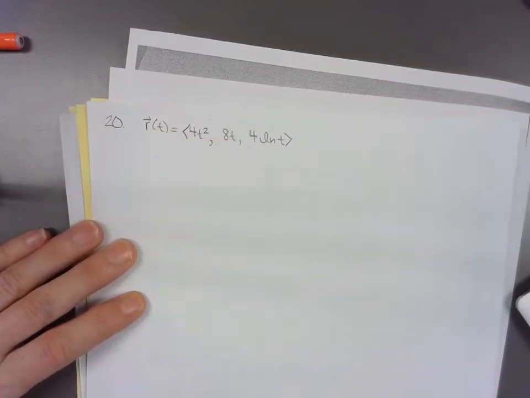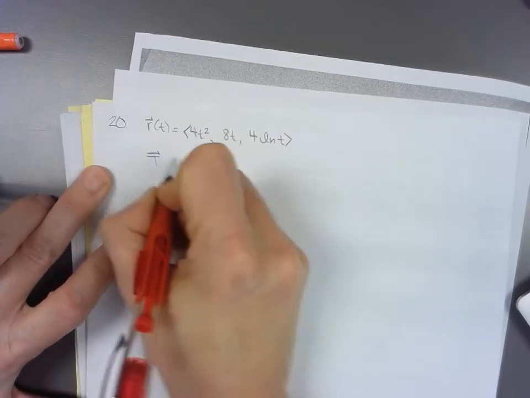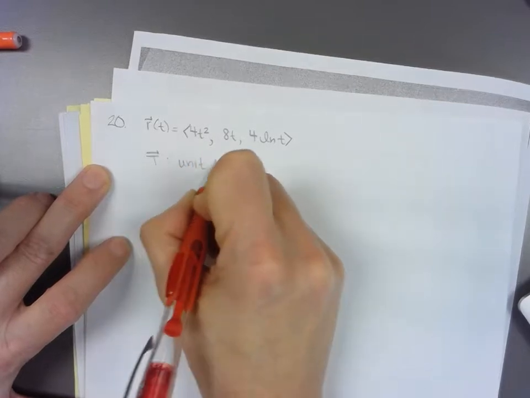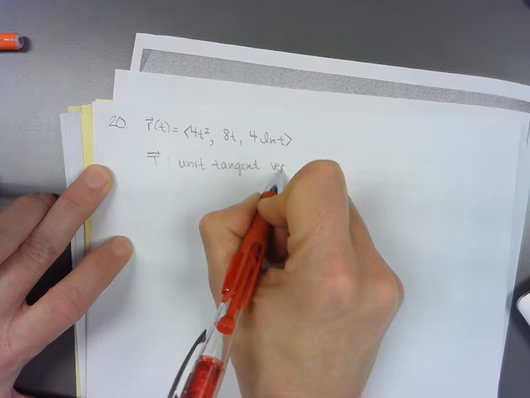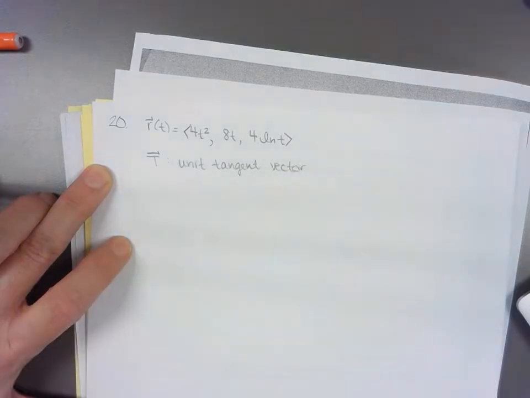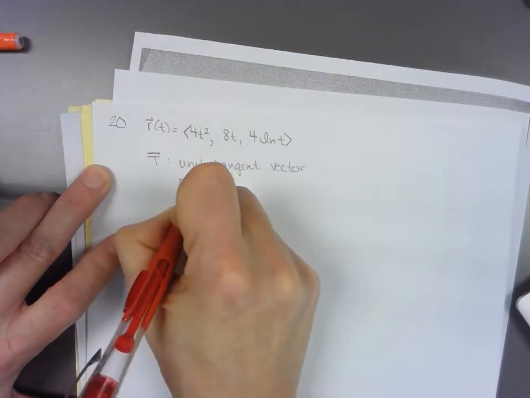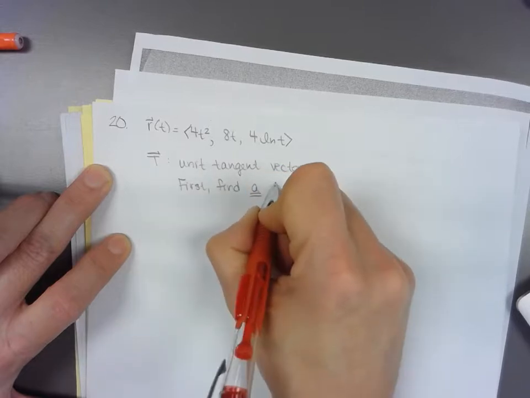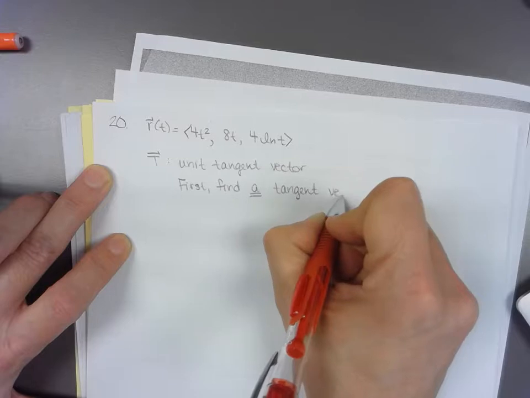Okay, so the first thing we want to remember is T, that means the unit tangent vector. So the first thing you want to do is just find a tangent vector, then worry about making it a unit vector. Right, exactly.